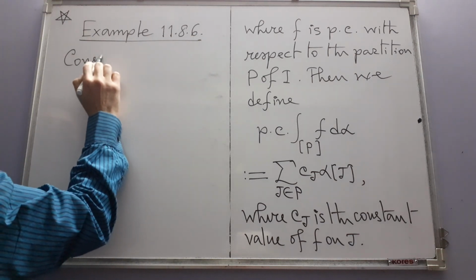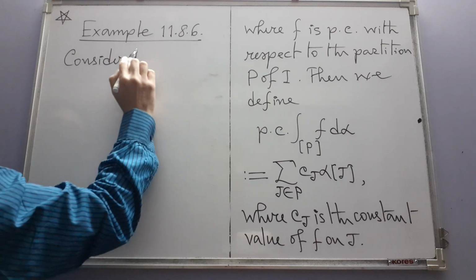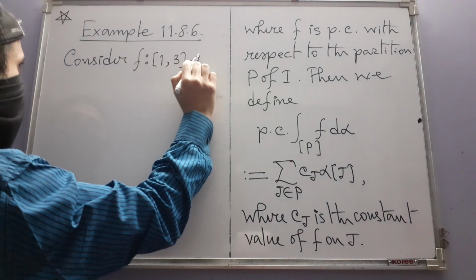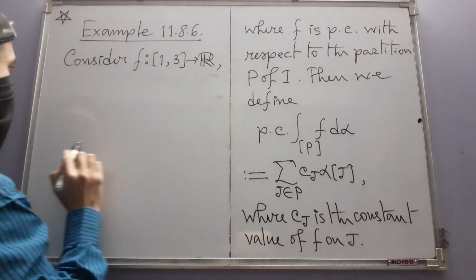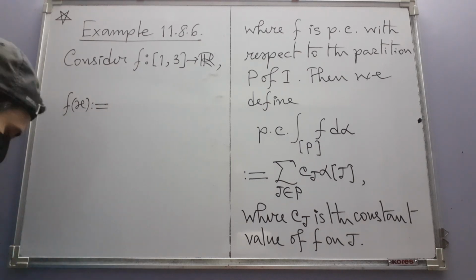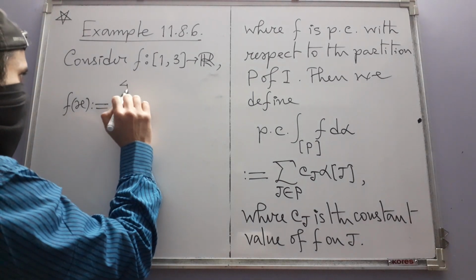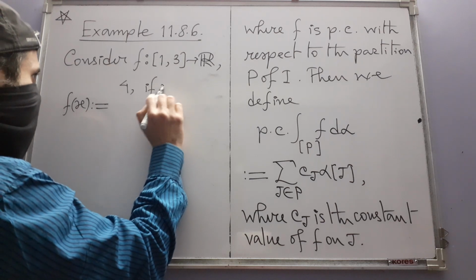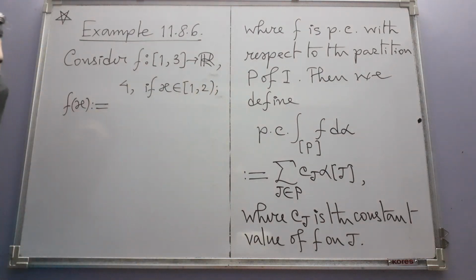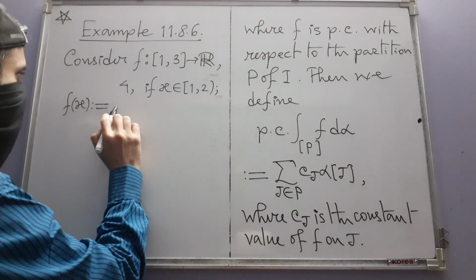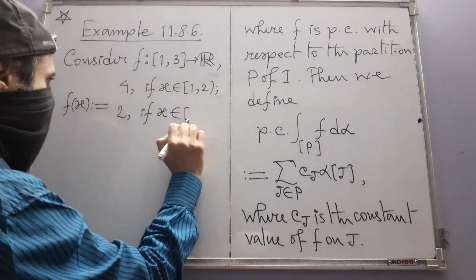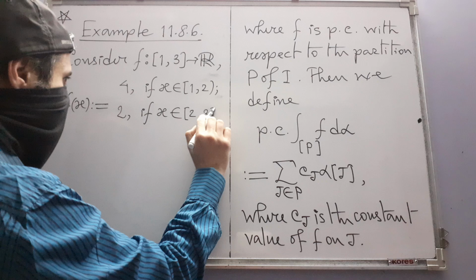Consider the function f from the closed interval 1 comma 3 into R, and the definition of f is this: f is constantly 4 if x belongs to this half open subinterval of the domain of f, and it's constantly 2 if x belongs to the rest of the interval.